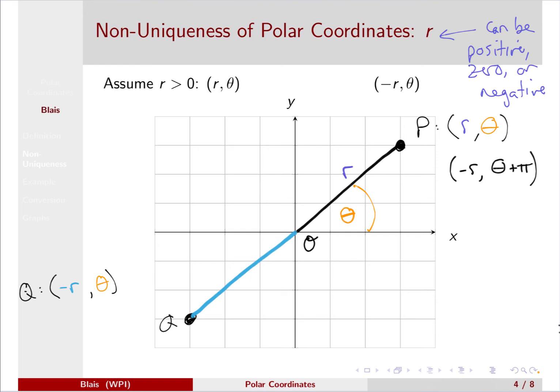And again, the idea there is you're taking this point Q, (negative r, theta), and you're adding pi radians to the angle, which brings you over here. So we can see, because of these complications, polar representations of points in the xy plane are not unique. In fact, every point has infinitely many polar characterizations.